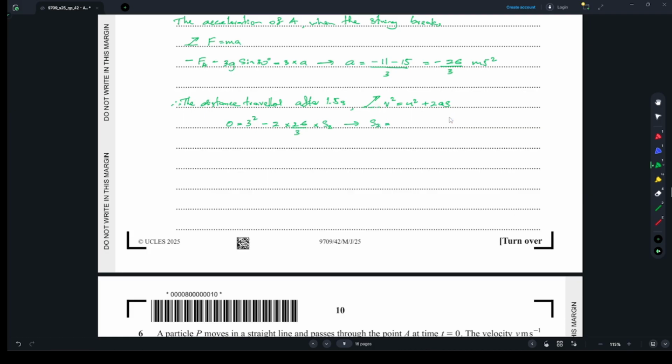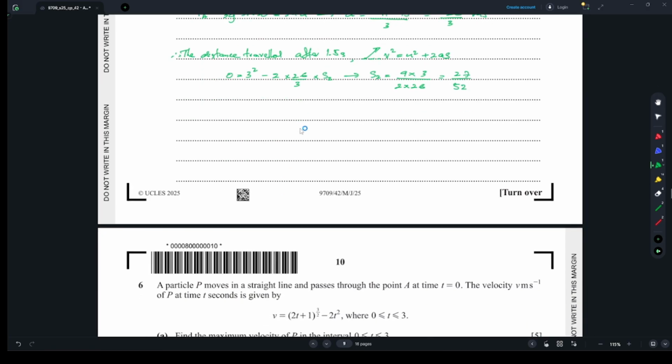I will bring this part to the left side because then it becomes positive. So I can write 3 squared is 9 times here divided by 3. So I have to cross multiply 3 and then 2 times 26, so it equals 27 over 52. I don't take the decimal answers yet, because this is not our final answer.